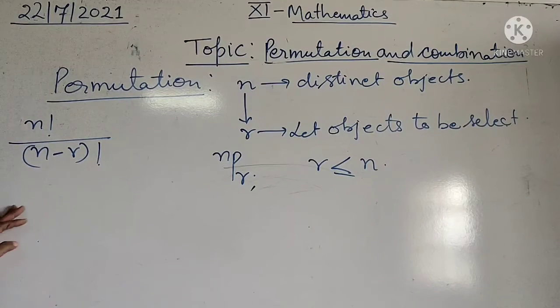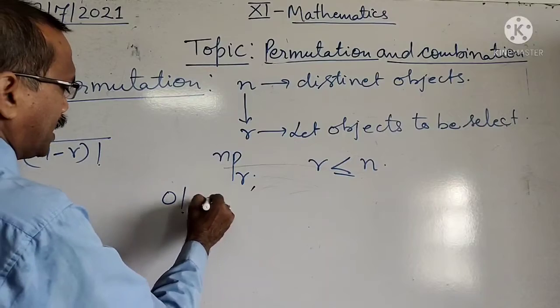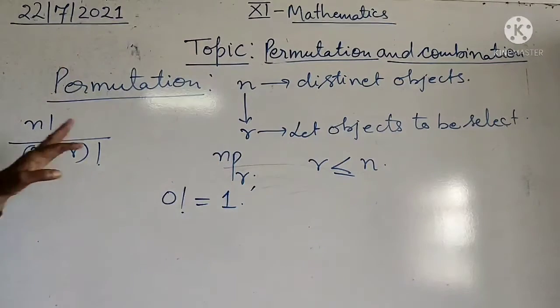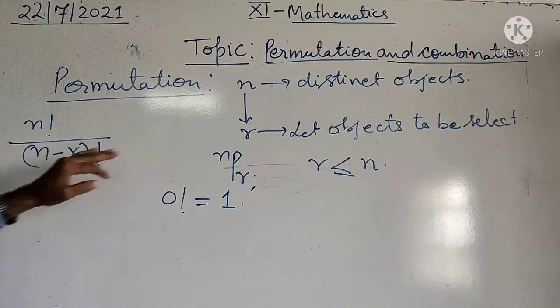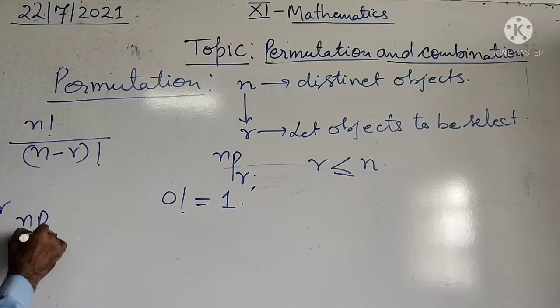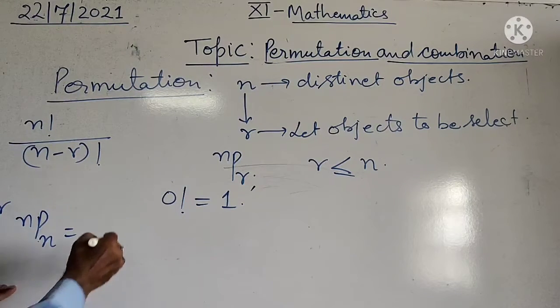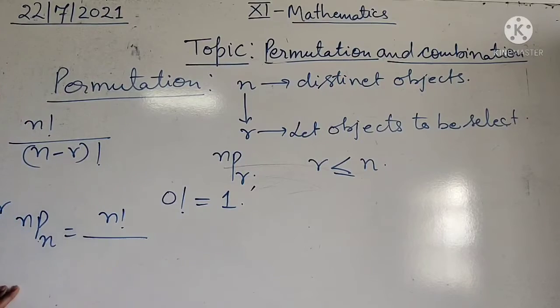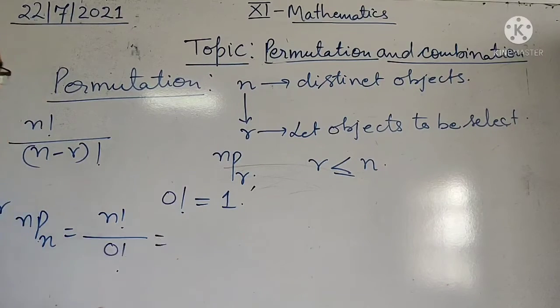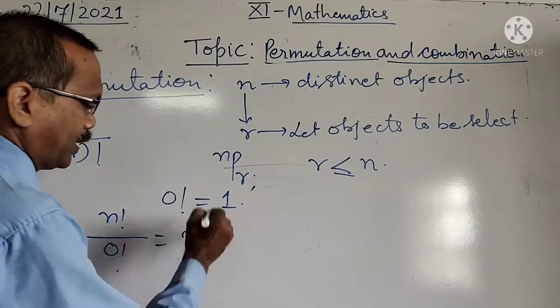Dear student, factorial 0 is 1. So, if n equal to r, then it is nPn, and it is n factorial upon 0 factorial, so nPn equal to n factorial.